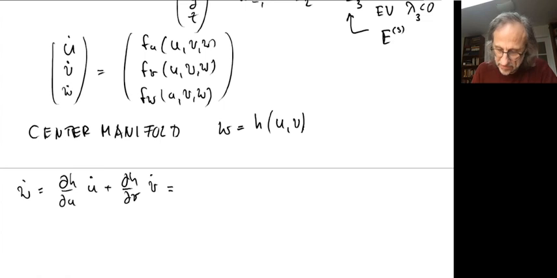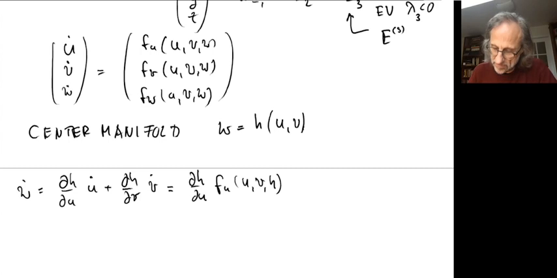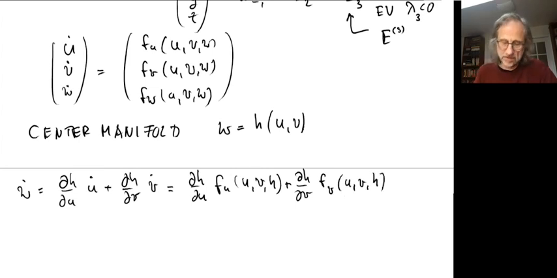So that's what we plug in. So we have dH by dU times U dot. So U dot is FU of U, V, and H, which is a function of U and V. I'm going to suppress it, it takes too much space, plus dH by dV of FV of U, V, H. So that's the evolution of W, because W is on the center manifold.